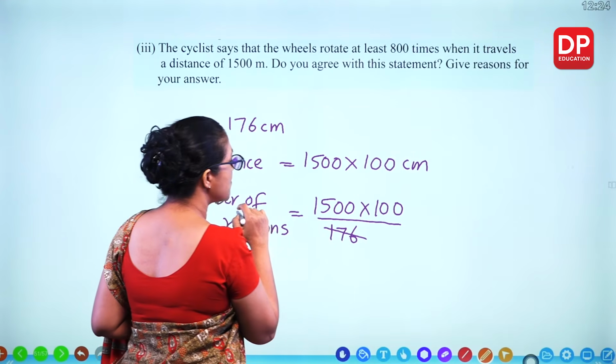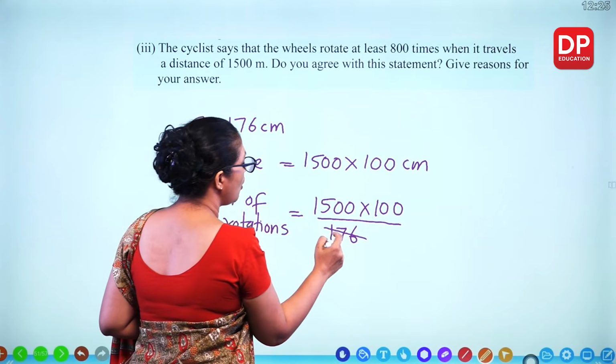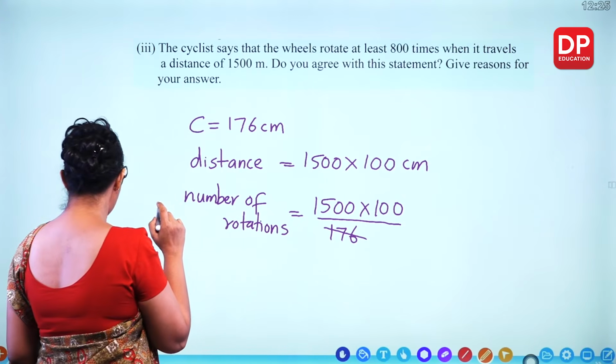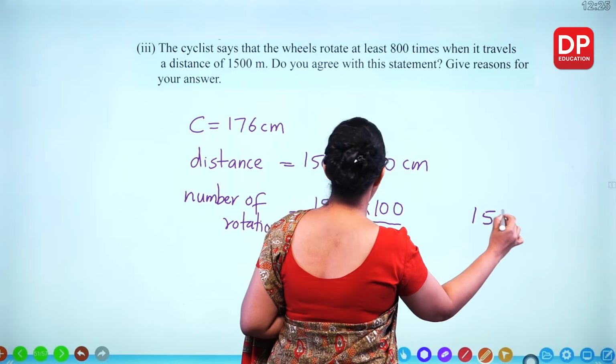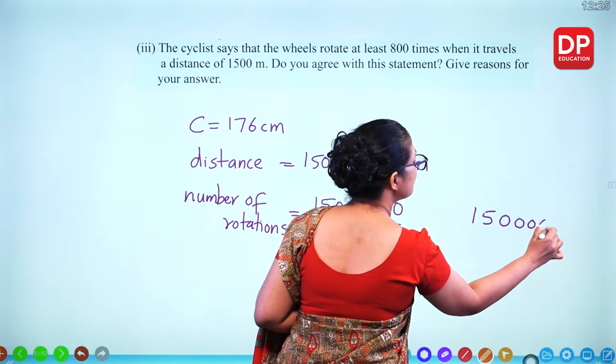Shall we divide this by 2, or just do long division? We'll do long division. So 15 with 4 zeros.